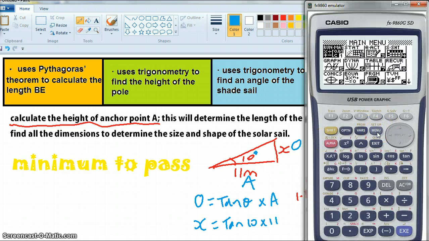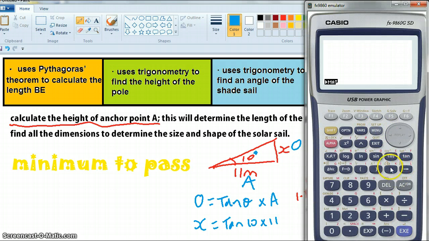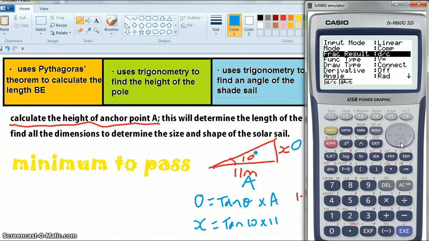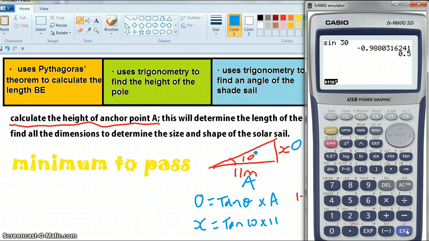So we get our calculator out, and as always we find if we go sine 30 it's actually rubbish, so we need to go shift set up, and we need to make sure that we are in degrees. And if we execute we get 0.5, so we're happy. And now we go to times 11, and that's 1.94.